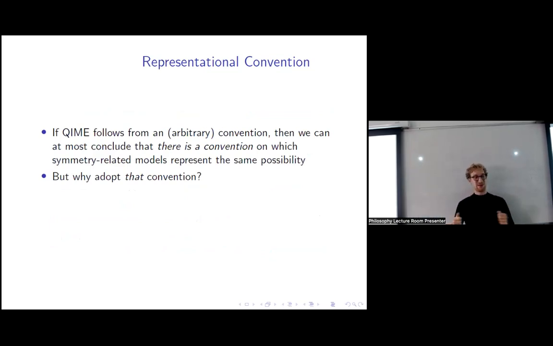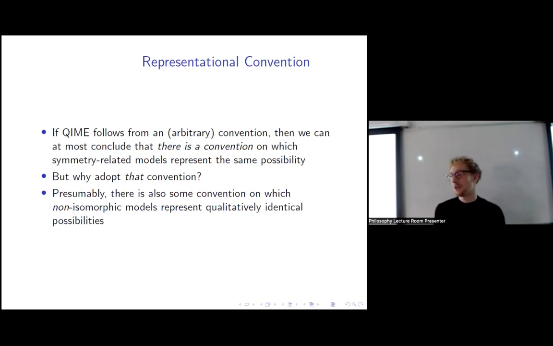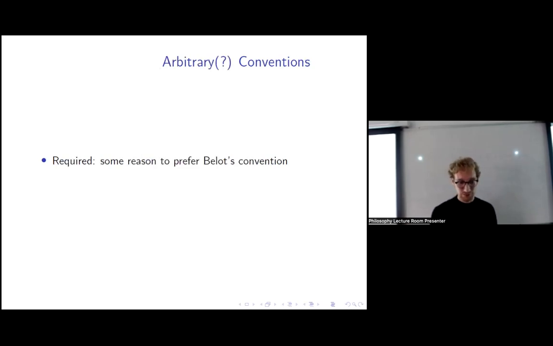Even given anti-haecceitism, it seems that we still have two possibilities. Either we could adopt the convention on which Quine comes out as true, and we can interpret symmetry-related models as physically equivalent, or we could adopt another convention on which Quine is true, and they still seem to represent distinct possibilities, right? So there is another convention possible in which the conclusion doesn't follow.